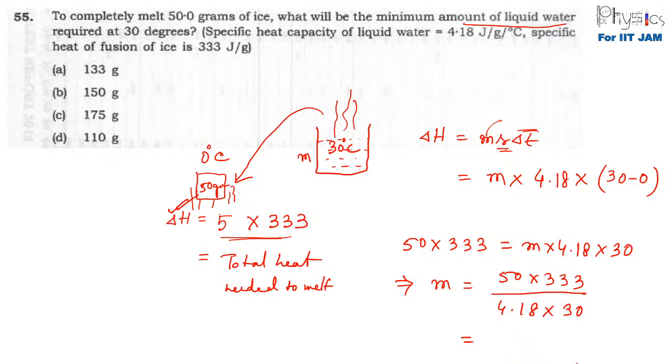If we calculate 50 times 333 by 4.18 by 30, we get the answer as 132.775 grams. Now here this answer is not available, but we have 133, right? That is, approximately 133 grams. We need 133 grams of liquid water at 30 degrees. Yes, option A is the correct answer.